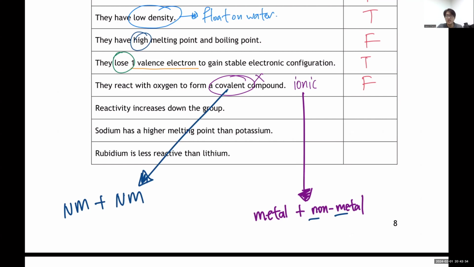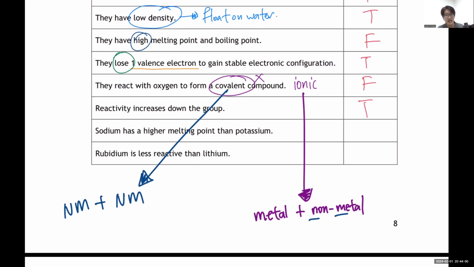Okay, reactivity increases down the group. Is the arrow thing we drew just now? You flip what you drew? Increases. Decreases up. Question says what? Decreases up. So down is increase, up is decrease. Correct now. So close.